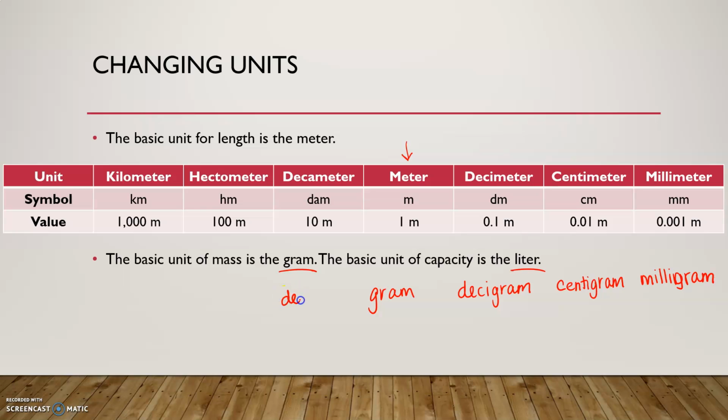We also have decagrams, hectograms, and kilograms, and that's the one that we are most familiar with because that's how we weigh ourselves. And then you could do the same thing with liter, just replace the word gram with liter. Kiloliter, hectoliter, decaliter, liter, deciliter, centiliter, and milliliter.